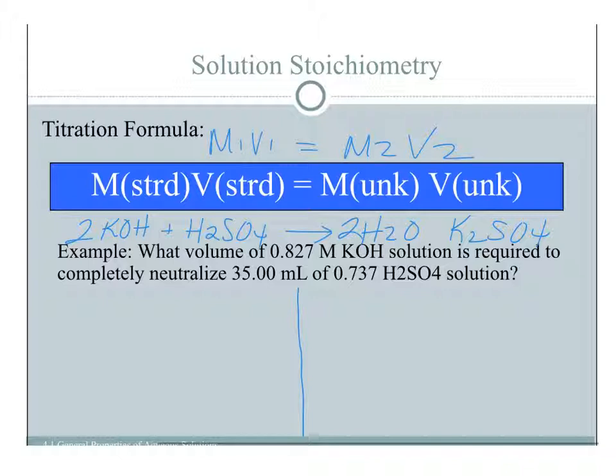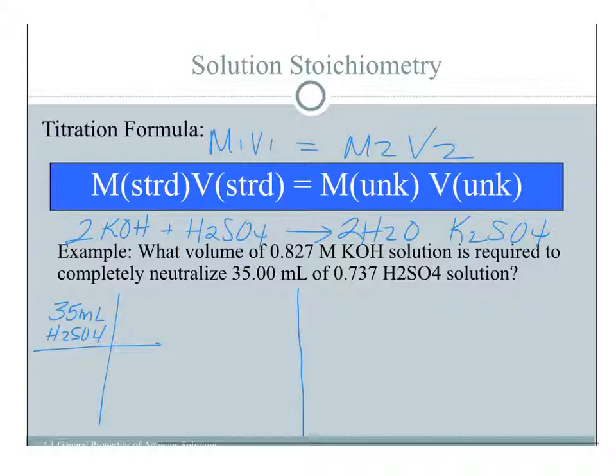All right. I'm going to start with my 35 mils of H2SO4. And I know that it has a molarity of 0.737 moles per liter.